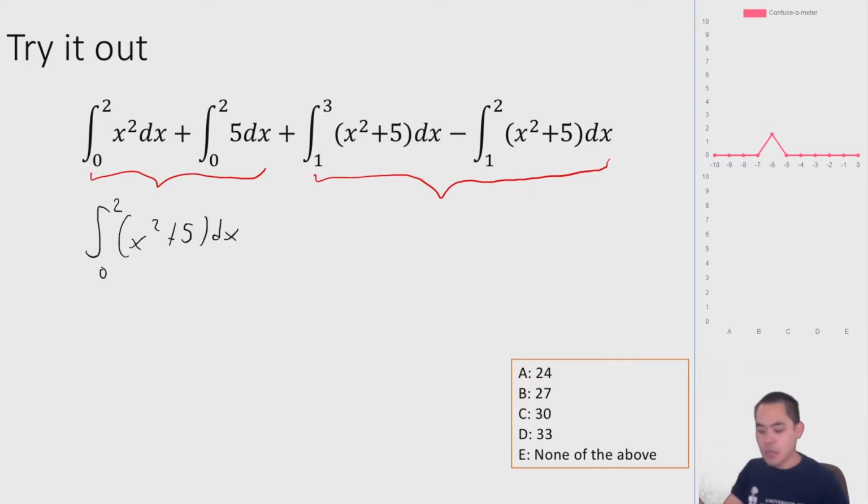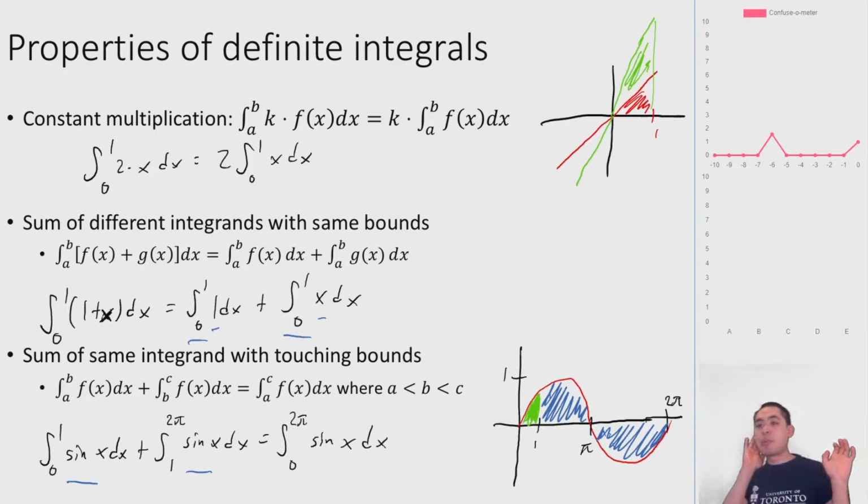Can I go back to the property slide? Yes, I can. So these are the properties. If your integrands are the same but you have touching bounds, you can add them together or break them apart. If you have different integrands but the same bounds, you can just add them together or subtract them apart.